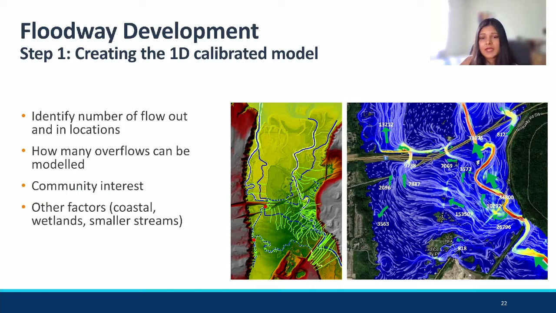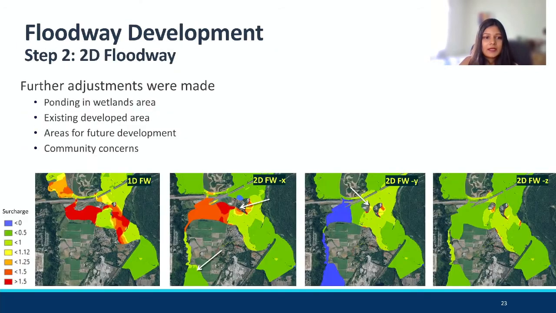And once we had the calibrated model, overall, we were able to calibrate it. There were some locations, of course, that you can't get close to half a foot of calibration, but overall, we were able to calibrate and match the water surface elevations pretty well. And we started encroaching on it and came up with our 1D floodway.